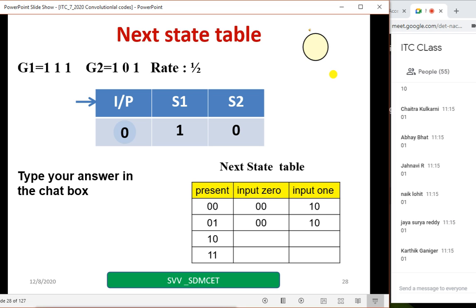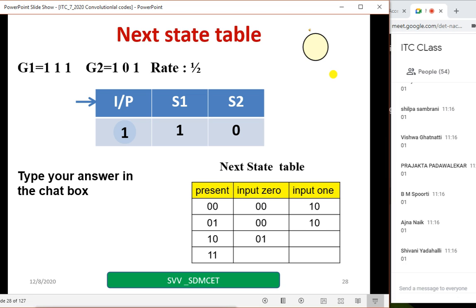Abhay, Karthik. So simple to understand. Only a shift register. Simran 01. Rohan, yes, 01. All are typing the same answer. Ajna has typed 01. The answer is 01, correct.